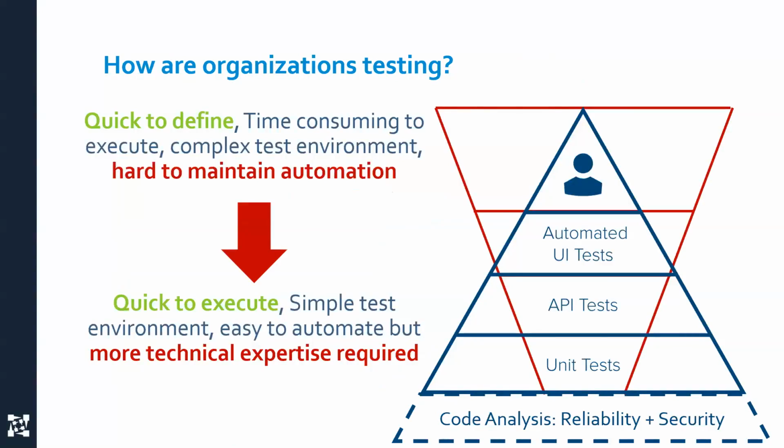These are quicker to define, but they're much harder to maintain and much harder to automate. They're much harder to diagnose as well, and they take longer to run the higher they are up the testing pyramid. But the downside of moving down the pyramid is that it takes more technical expertise. So the closer you get to the code, the closer you need the development team engaged, and the further away you get from the domain experts.